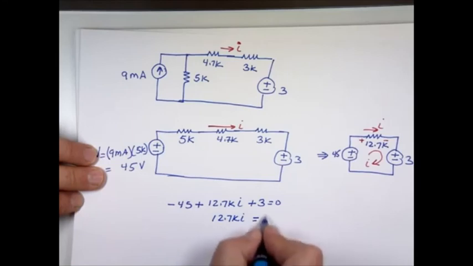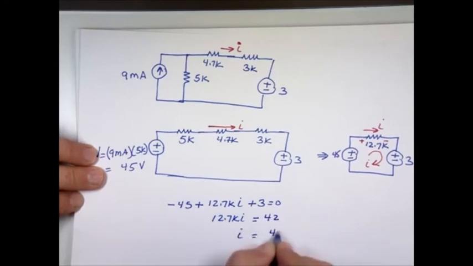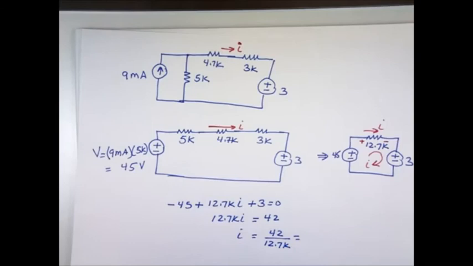Is that a 42? What's I equal to? 42 divided by 12.7K. 3.3 milliamp.